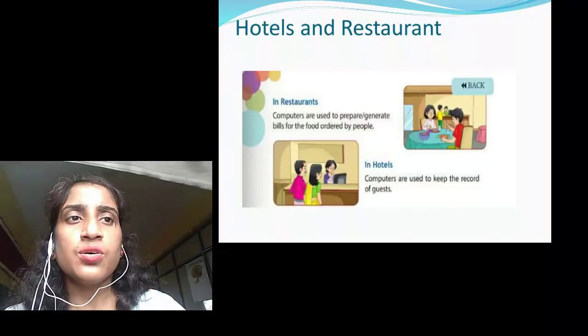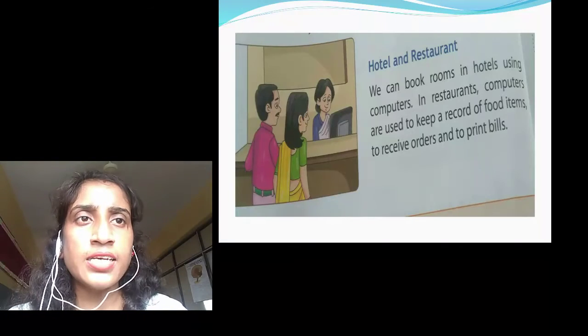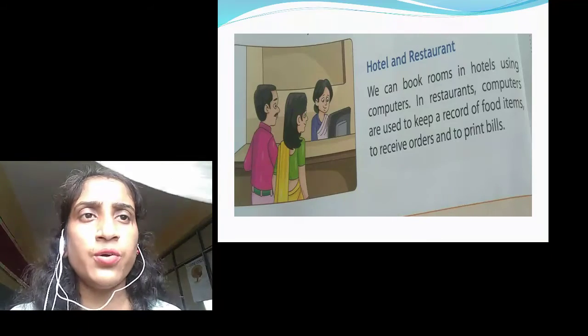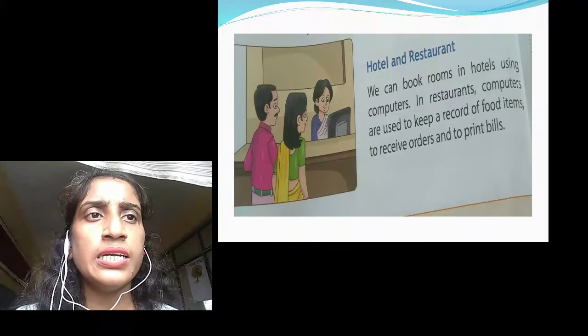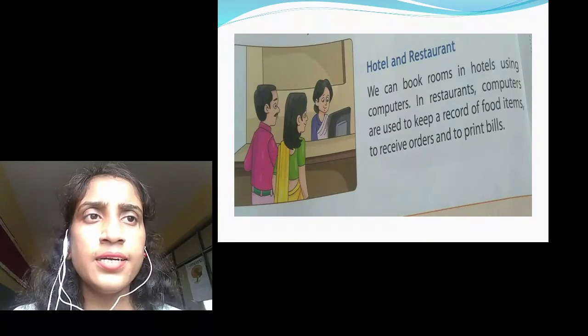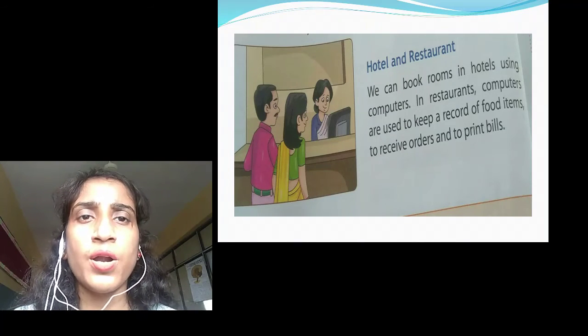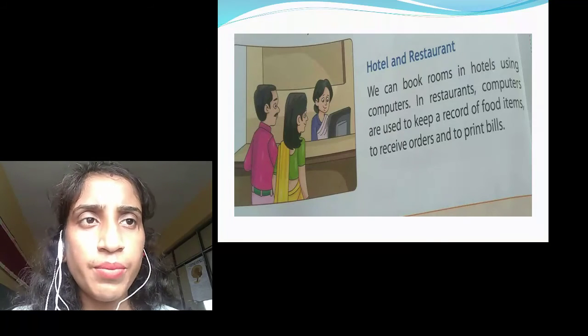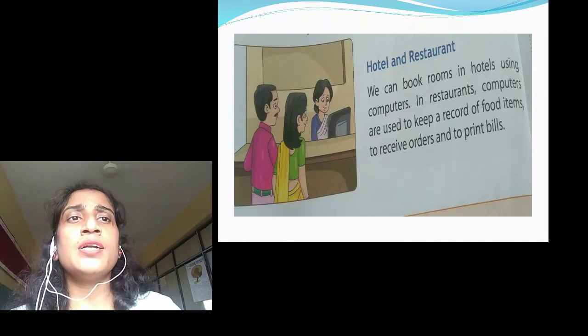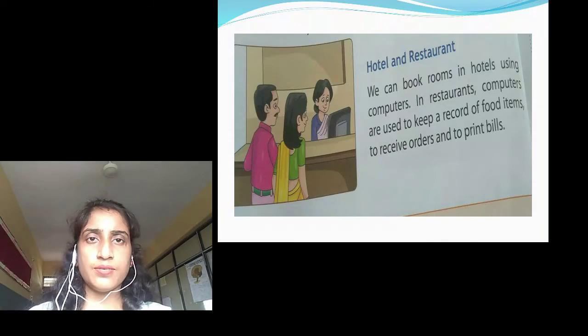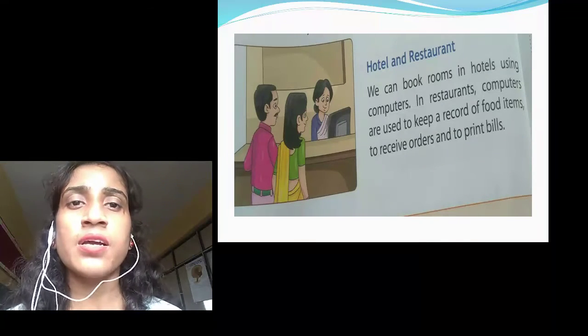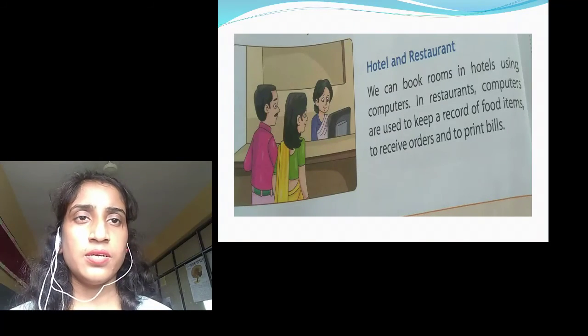Students, this is your textbook, in which we can book rooms in a hotel using computer. In a restaurant, computers are used to keep the records of food items, to receive orders and to print bills. So, students, this is all about the places where computer is widely used.